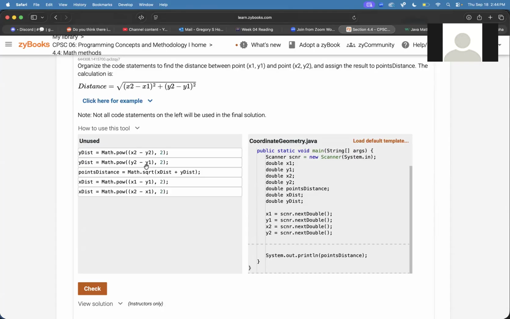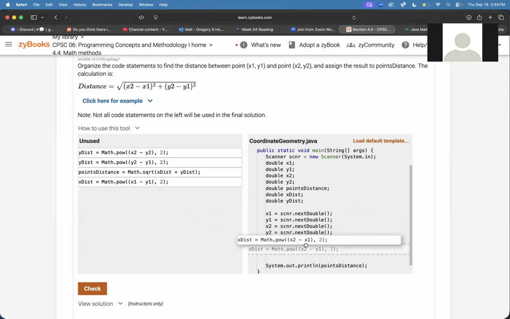This one is y2 minus y1. That's actually this one over here. Down here, we have x1 minus y1 squared. That's nowhere. And the last one is x2 minus x1, comma 2. So that's x2 minus x1 squared because we're in a Math.pow. So this part is this one right here. So put that in. So that's the first part.